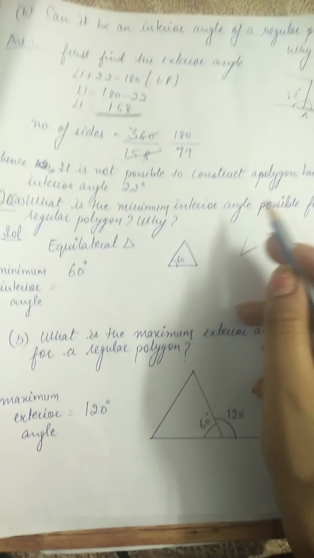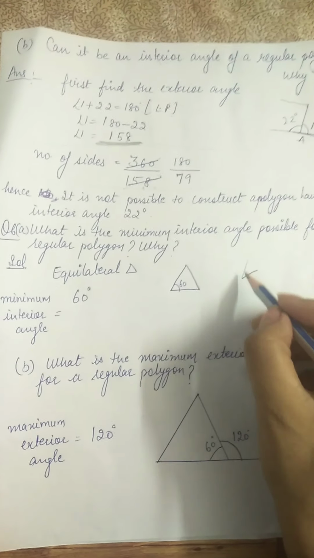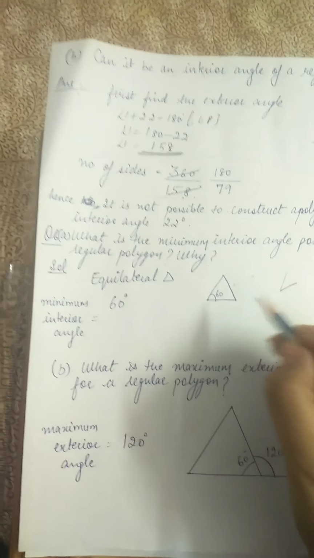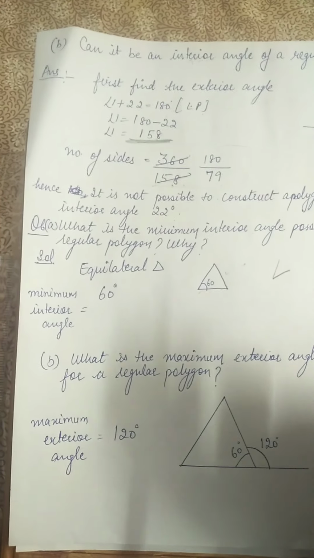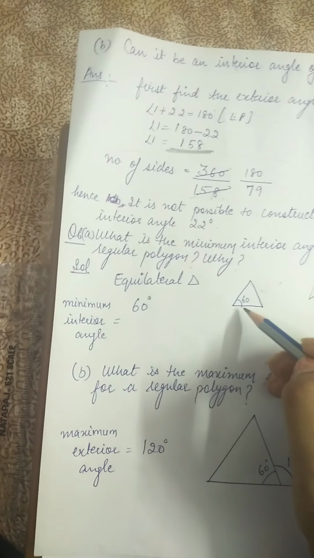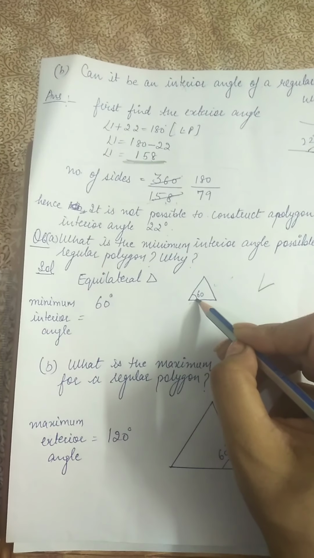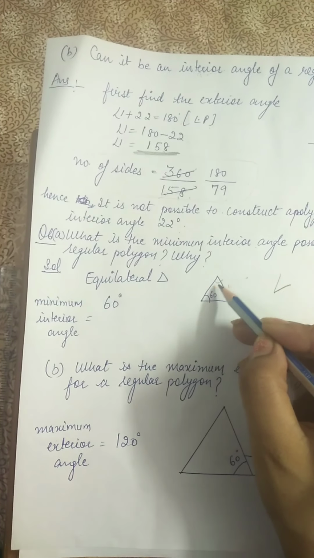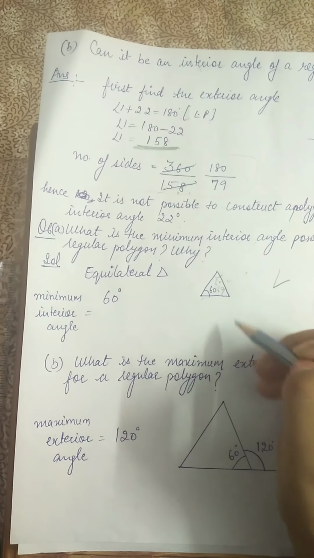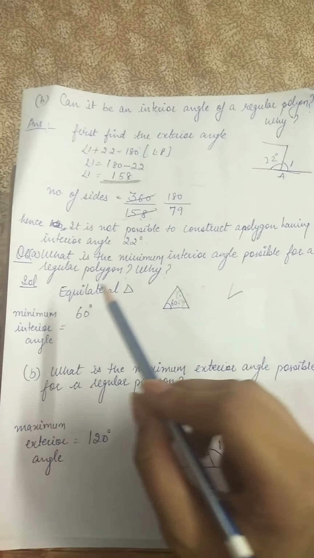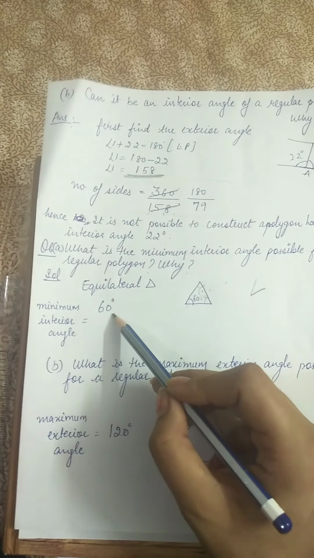So what is the minimum polygon? The minimum polygon must be a triangle, because a triangle is the smallest polygon. So the minimum interior angle should be 60 degrees, because in an equilateral triangle all the interior angles are 60 degrees. Therefore the minimum interior angle for a regular polygon is 60 degrees.